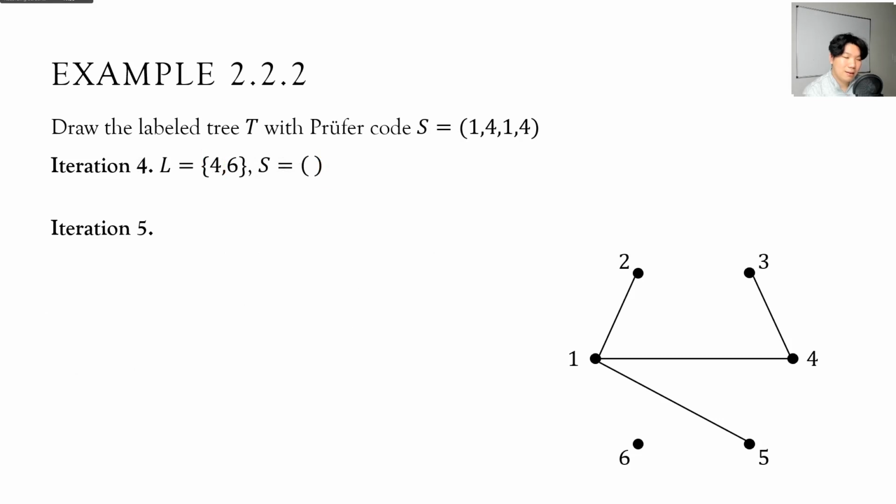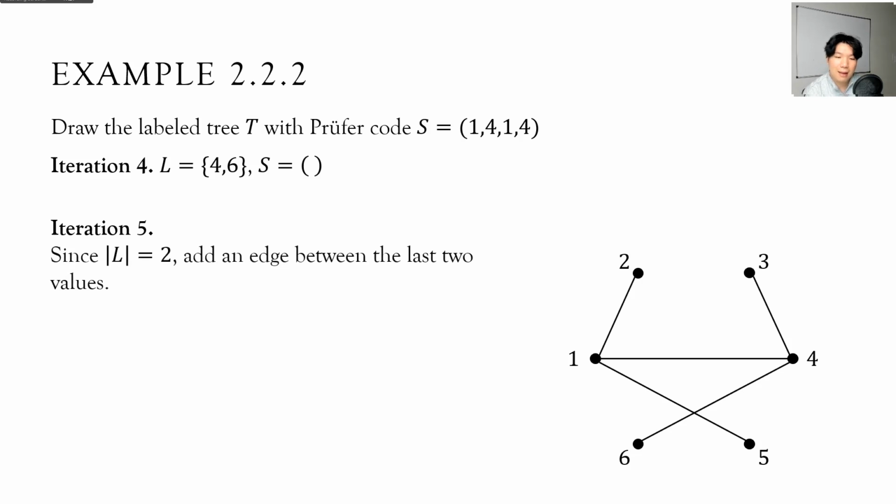So for our last iteration, notice here that L only has 2 entries. Recall that our algorithm said if L has 2 entries, I can just add an edge between the 2 remaining vertices. Or in this case, as you just saw, I added an edge between 4 and 6.